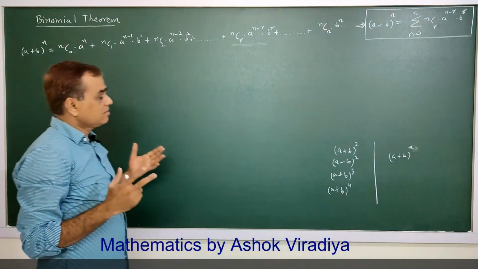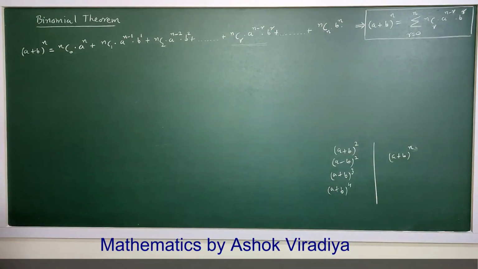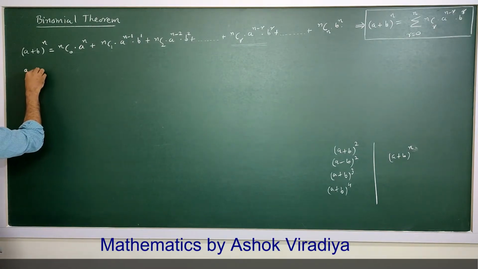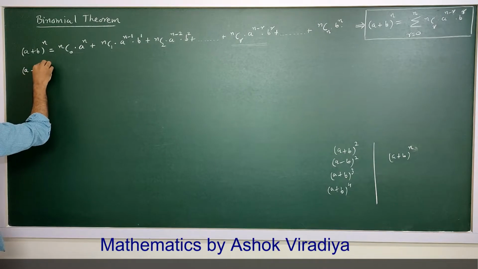Now in this formula, I am replacing b by minus b. So replacing b by minus b, we get (a minus b) raised to n.